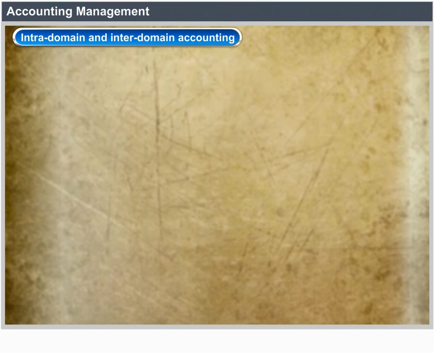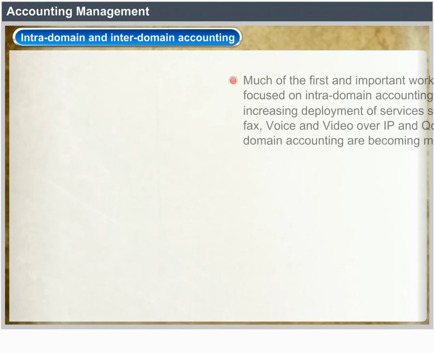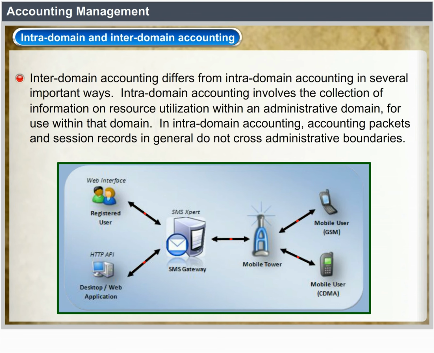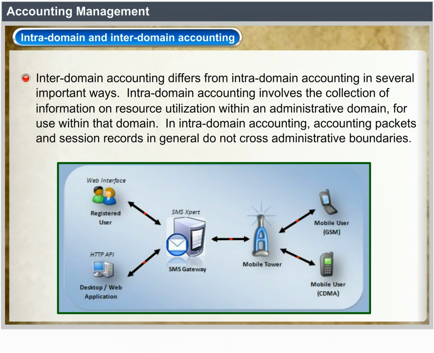Intra-domain and inter-domain accounting. Much of the initial work on accounting management has focused on intra-domain accounting applications. However, with the increasing deployment of services such as dial-up roaming, internet fax, voice and video over IP and QoS, applications requiring inter-domain accounting are becoming increasingly common. Inter-domain accounting differs from intra-domain accounting in several important ways.